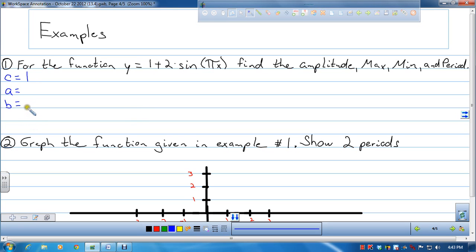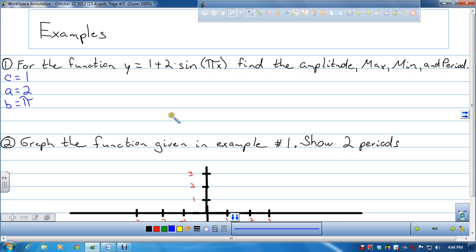Okay. The A value, remember the A value is the coefficient or what you are multiplying by your trig function. So here the A value is 2. And remember B is your coefficient of your x or what you are taking the sine of. So here B is pi. And remember pi is not a variable, it's a number. Okay? It's a number.